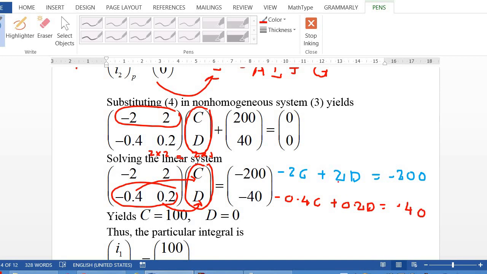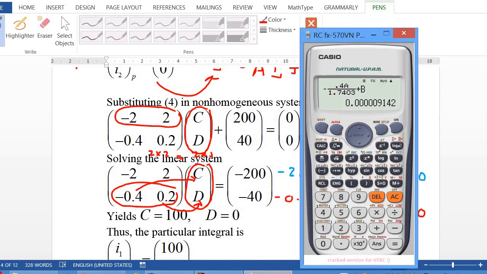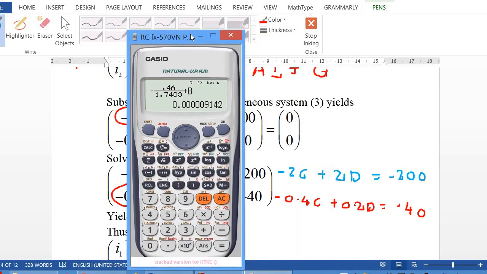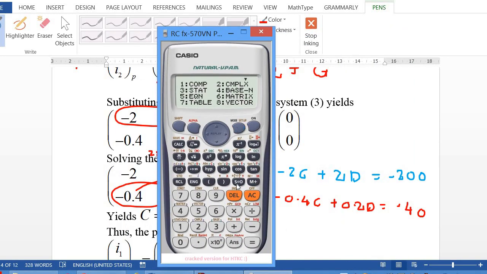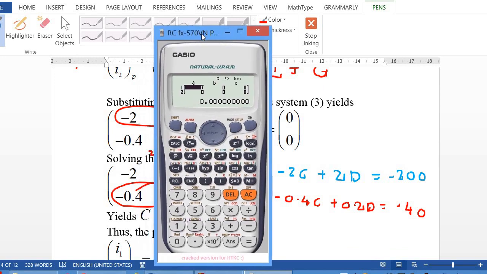And then you may solve these two simultaneous linear equations using your scientific calculator. I'll show you here. We go to the equation mode. This is two simultaneous equations, which is the first option. Key in the coefficients for your two simultaneous equations.